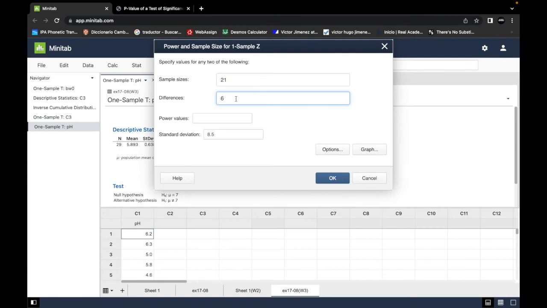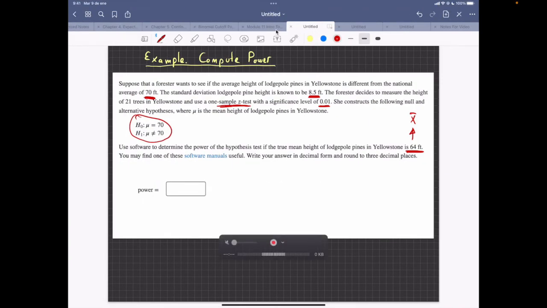Now the differences. How do we know what the difference is here? The difference is supposed to be the hypothetical value minus x bar. In this case, x bar is supposed to be 64, and the hypothetical value is 70. So you will have to compute 70 minus 64, and the difference is 6.